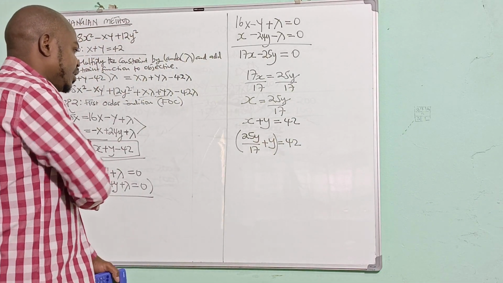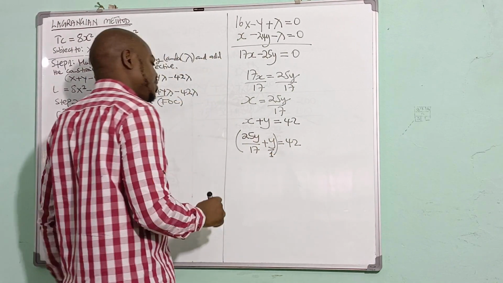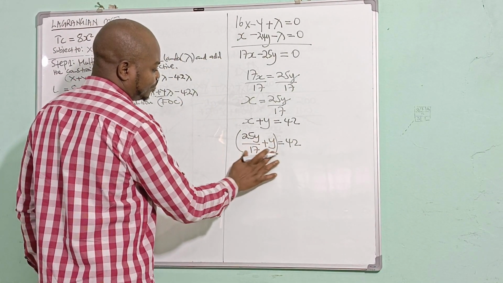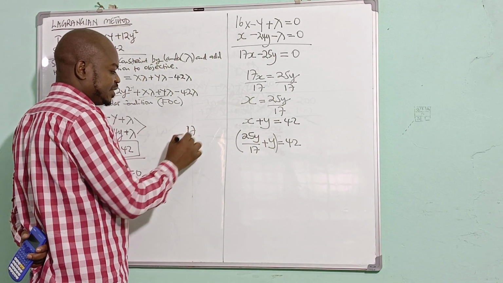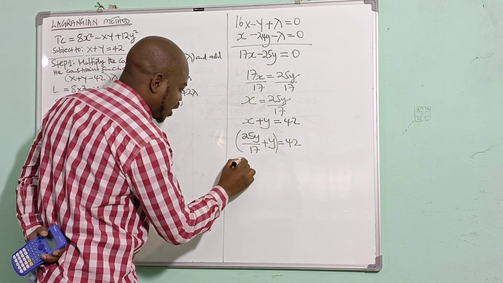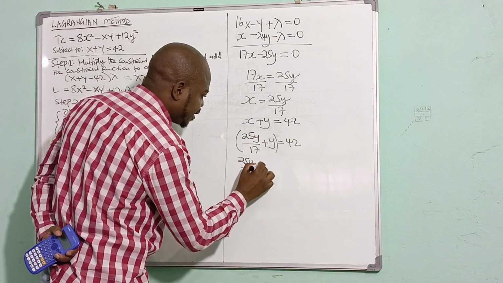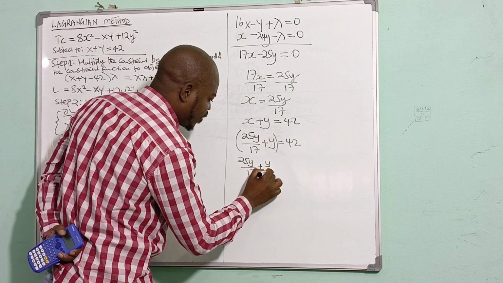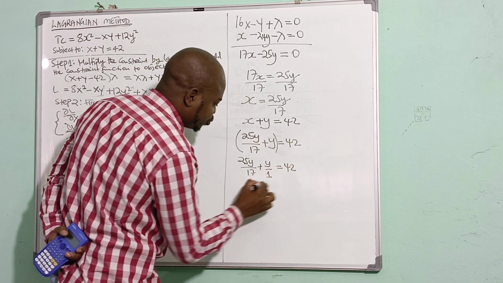So I need to deal with this part by making it a single fraction. This is as good as over 1 there. Any number, even 17, is as good as 17 over 1. So I have 25y over 17 plus y over 1 is equal to 42.